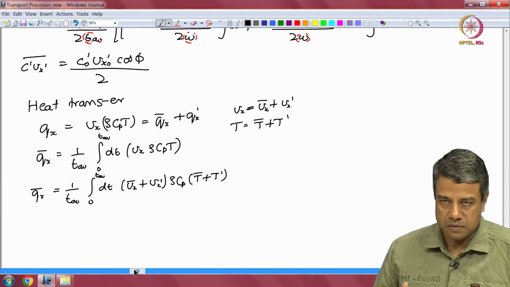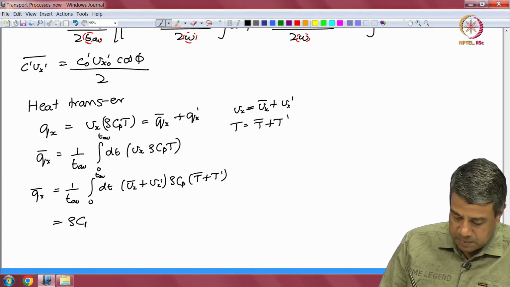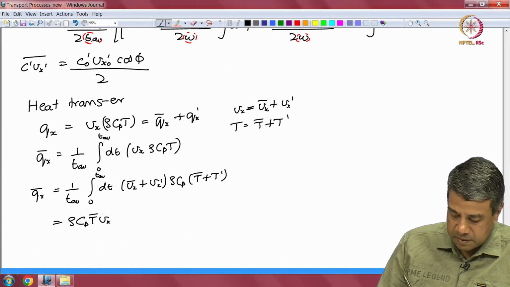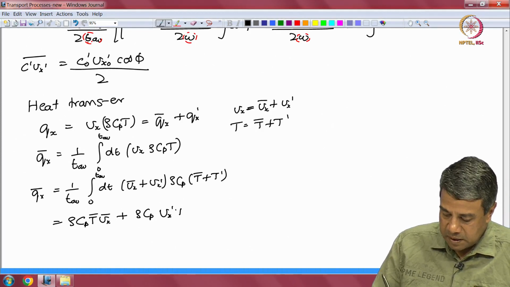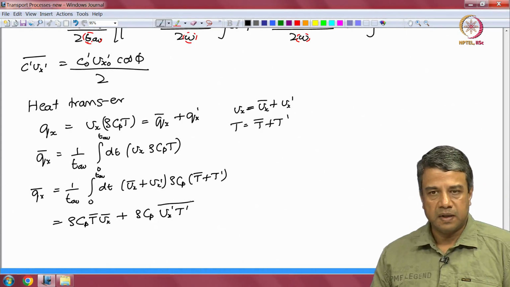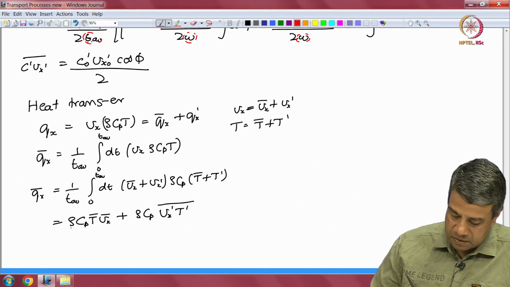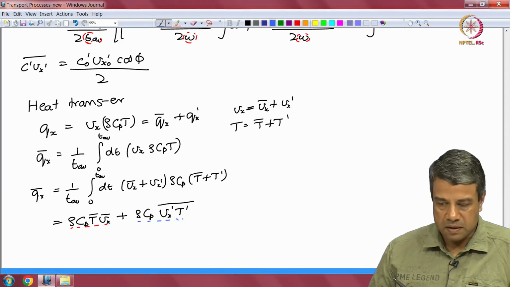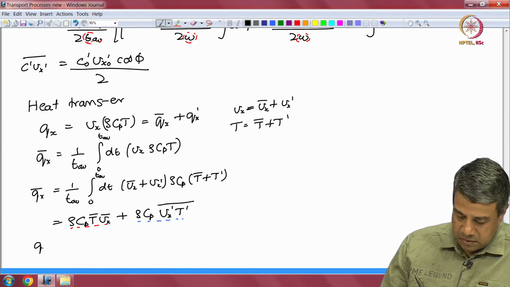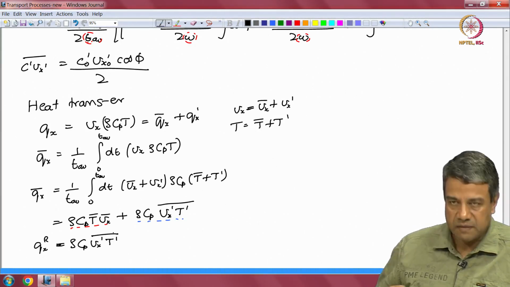And I expand this out as usual, and what I will be left with is just rho C p T bar V x bar plus rho C p into V x prime T prime the whole average, just as we had done for the concentration field. So, this is the flux due to the mean velocity, and this is the flux due to fluctuations. It is called the Reynolds flux. Q x Reynolds is equal to rho C p V x prime T prime whole average.